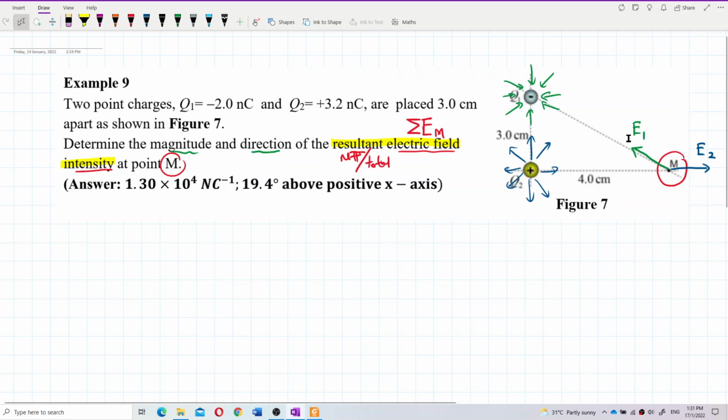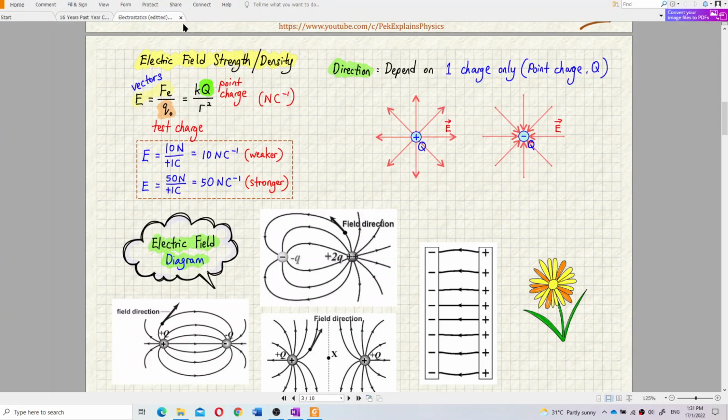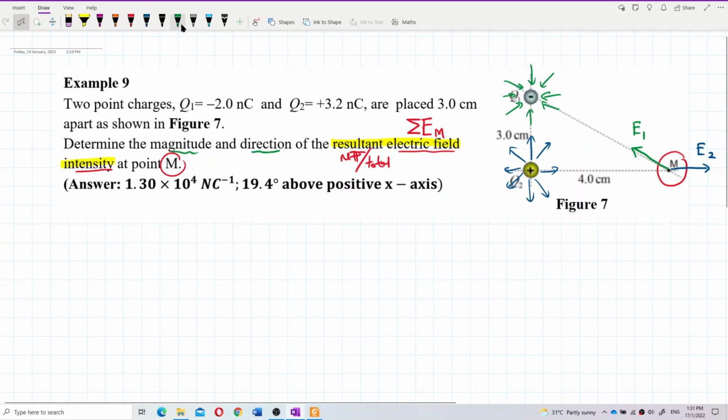Now we need to calculate the value of E1 and the value of E2. Using the formula for electric field strength, E equals kQ over r squared. First we calculate E1 due to charge 1. Remember, electric field depends on just one charge, only the point charge, the one who gives out the electric field.